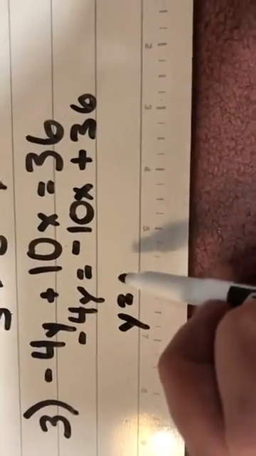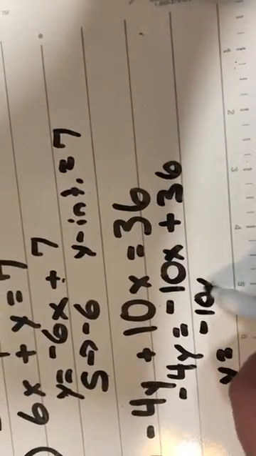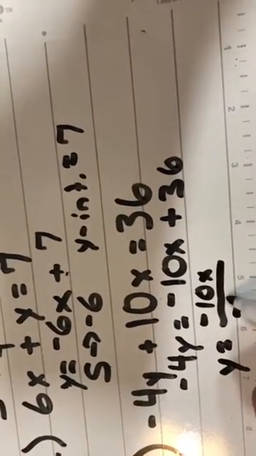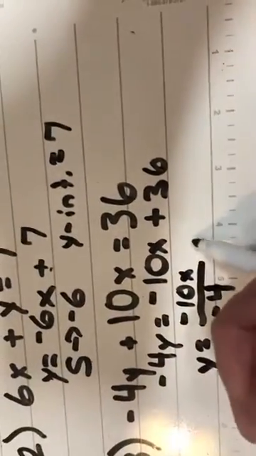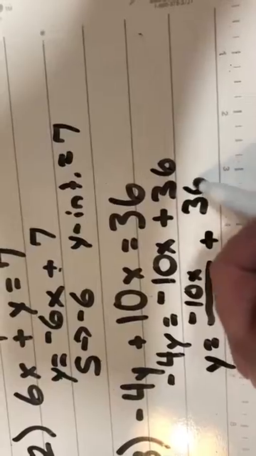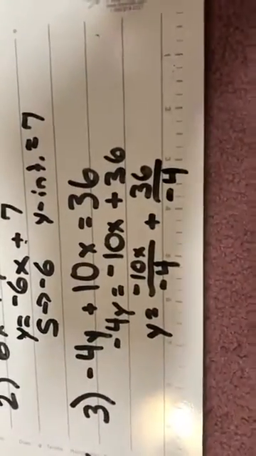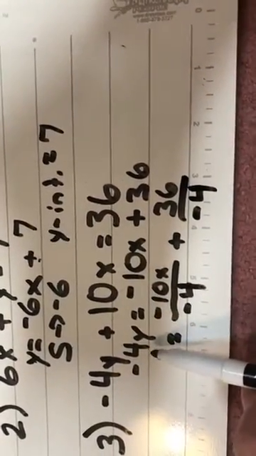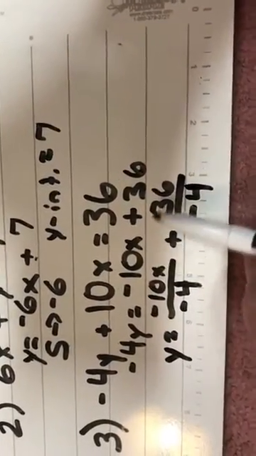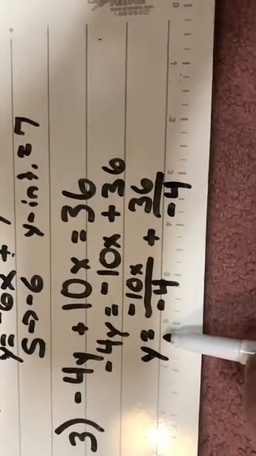Then I'm going to take negative 10x and I'm going to also have to divide that by negative 4, and then plus my 36 divided by negative 4. Everything gets divided by negative 4. If I do it to this side of the equation, I have to do it to everything on this side of the equation.